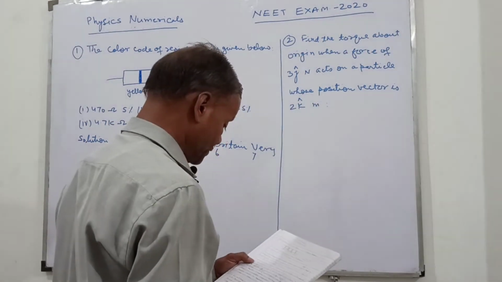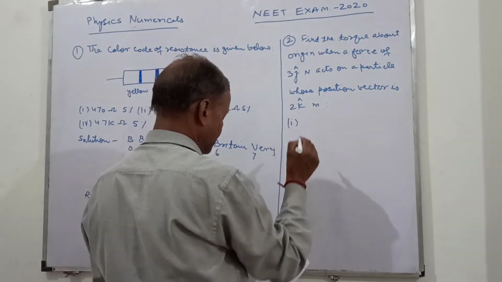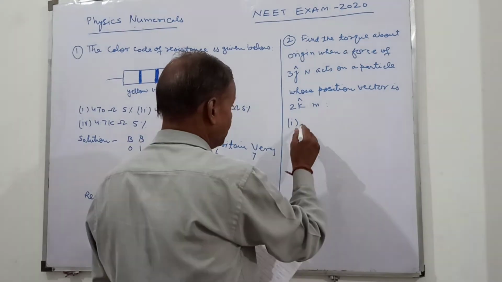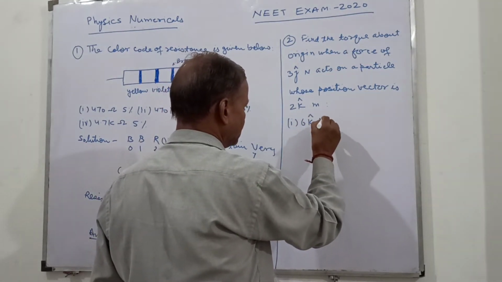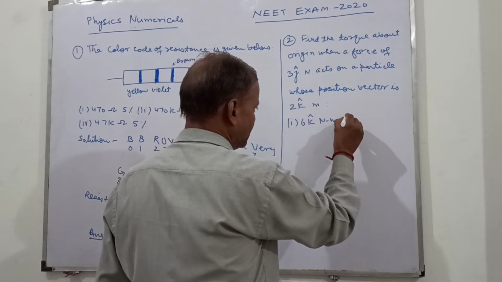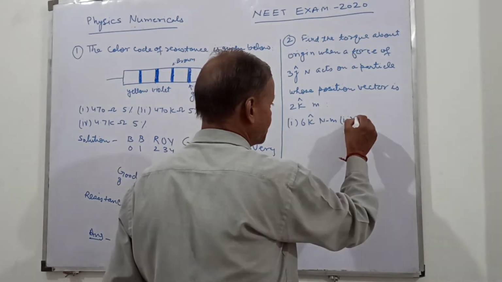And now the answer options are given. First option is 6k Newton meter. Second option is 6i Newton meter.